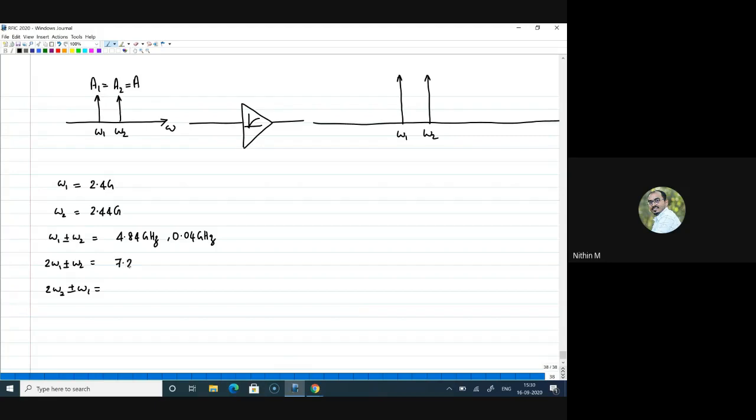This one is 7.24 giga and 2.36 giga. What about 2 omega 2 plus or minus omega 1? Is this right what I'm taking? 7.28 giga and 2.48 giga.